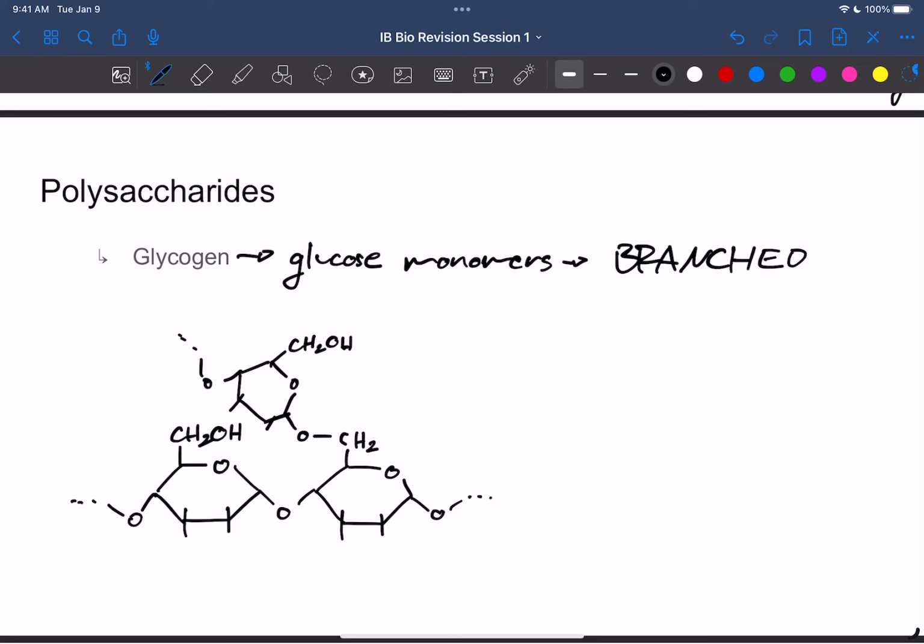So this same exact thing that we saw with amylopectin. This is alpha 1,4, and this is alpha 1,6. So once again, memorize this as well.